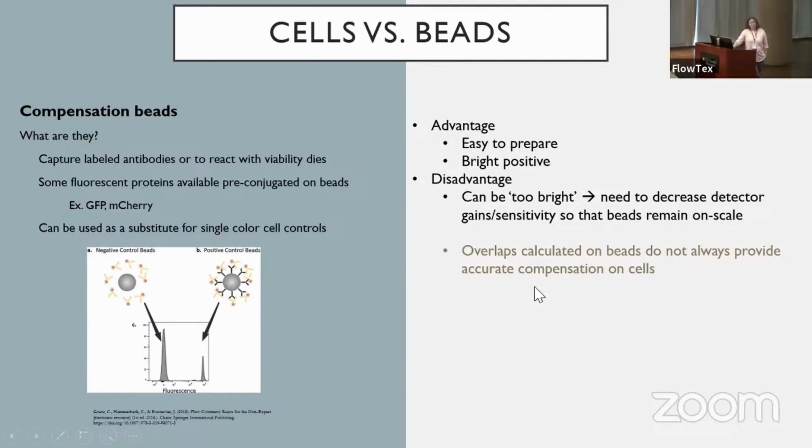In any case, if you use all bead controls, maybe I have a 5-color experiment, and I generate a compensation matrix, or a spectral unmixing matrix, on those beads and apply it to cells, sometimes it just doesn't work very well.